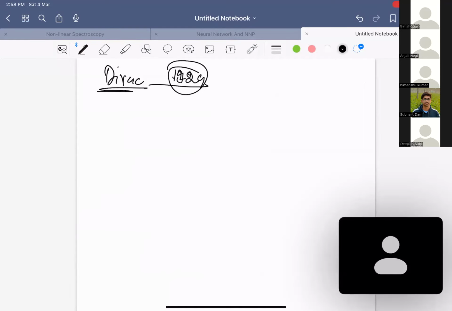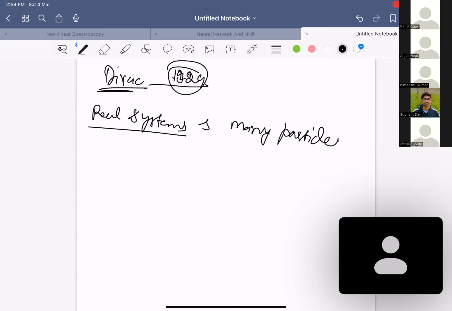As we know, most of our physical systems consist of many particles or many degrees of freedom. Real systems contain many degrees of freedom or many particles, so it is impossible to specify completely the state of such systems.